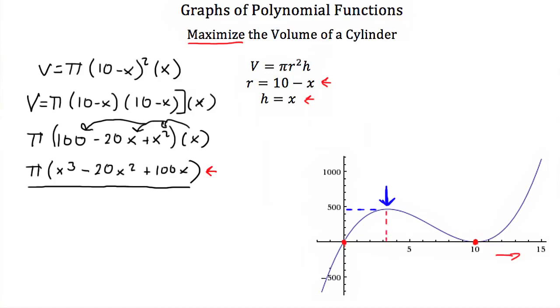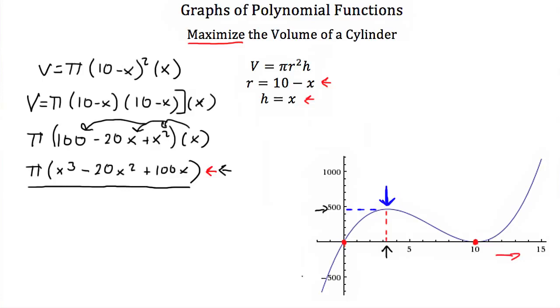So with this being the graph of our volume function, that would mean that this value of x would be the value of x that would give us the largest volume. And then this value of y here would be the largest volume possible, given this volume equation.